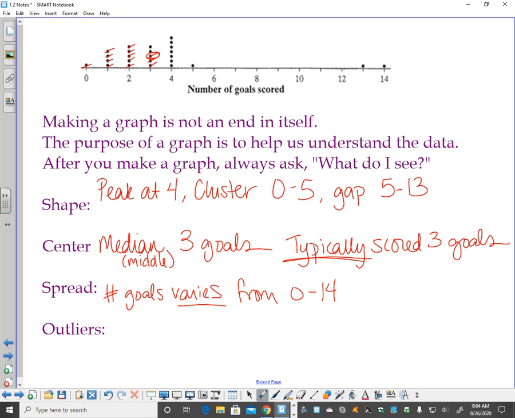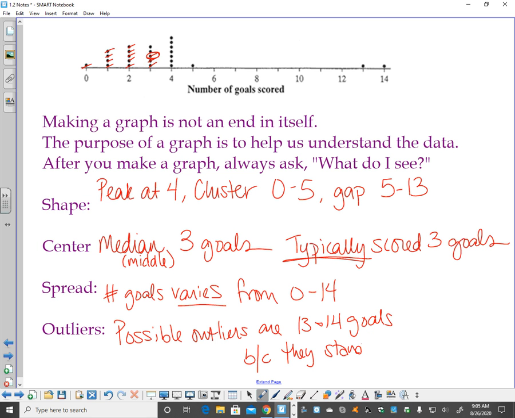Since we're not proving it, we're going to say that possible outliers are the 13 and the 14 goals because they stand out from the main cluster.